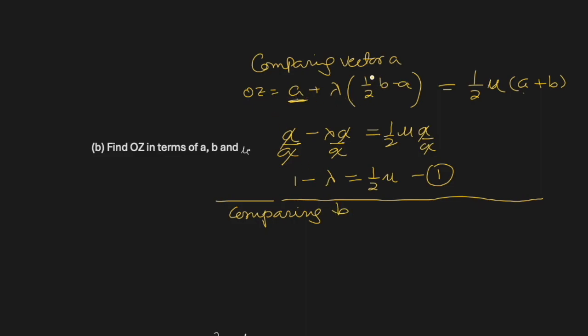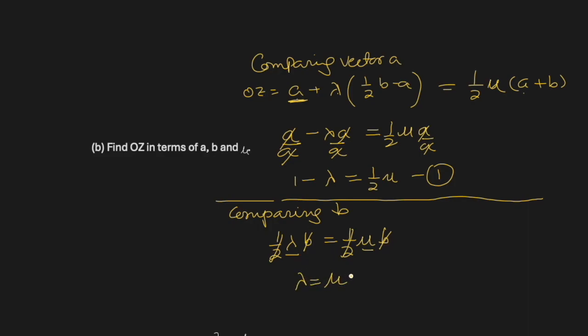We have just this one B. So it will be half lambda B. Half lambda B equal to half mu B. They are exactly similar. That means half cancels with half, B cancels with B. Lambda is same as mu. They will have exactly the same value.